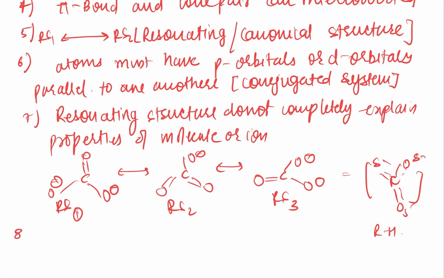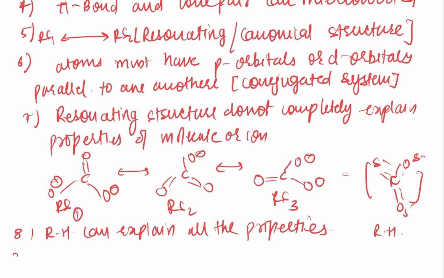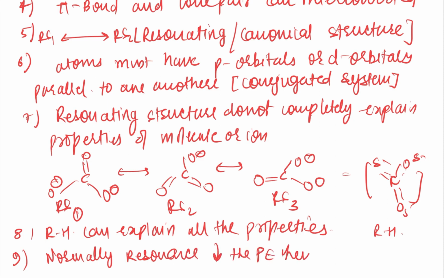So the next point: the resonance hybrid can explain all the properties of the compound. And the final point: normally, resonance decreases the potential energy, hence increases the stability of the molecule.